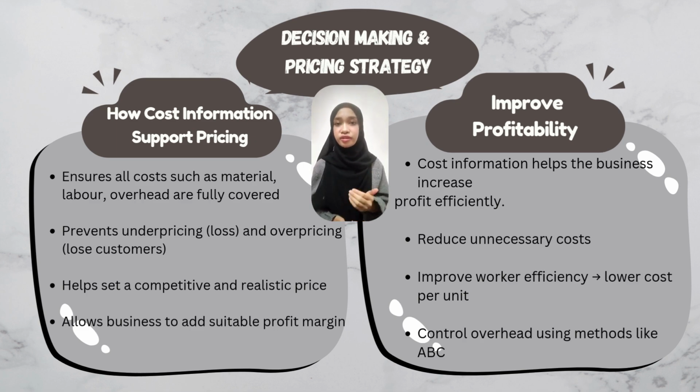In terms of profitability, cost information helps identify areas to reduce unnecessary costs. It also improves efficiency and allows better control over overhead costs using methods like ABC. Overall, proper cost management helps the business earn more profit and stay sustainable.